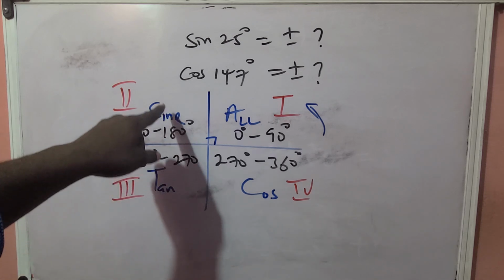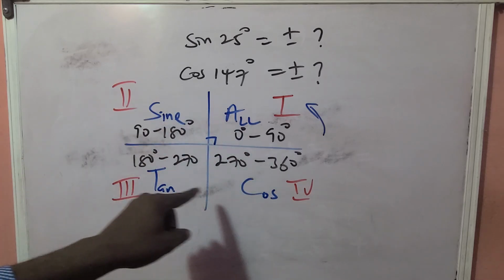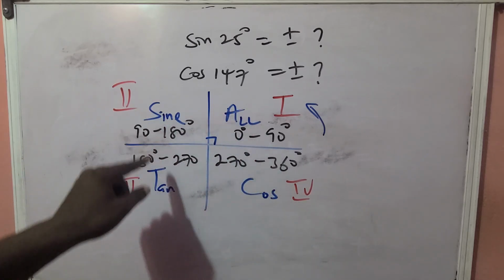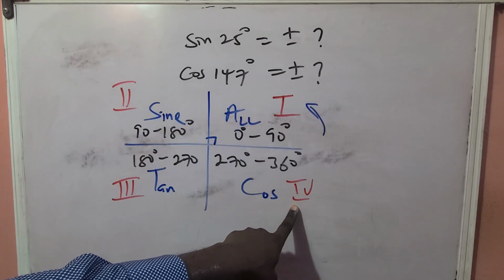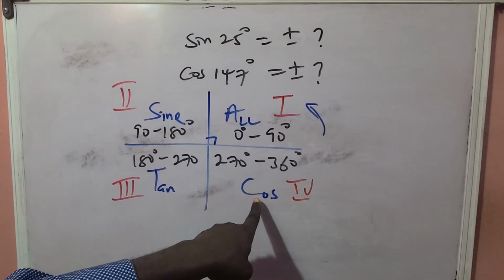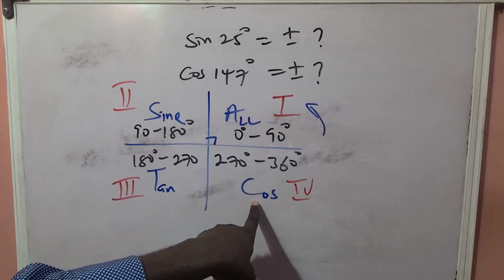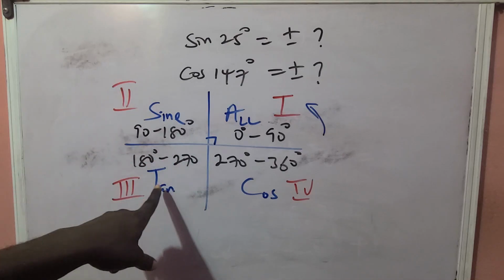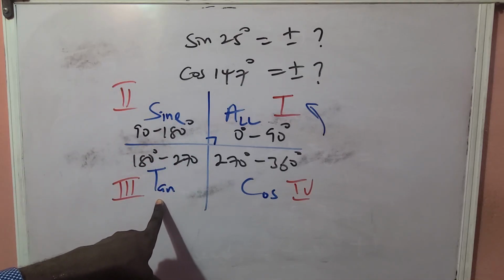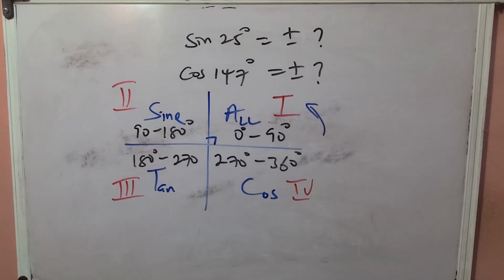That means the only positive you have here is the sine. So all you see here are the situations where you're going to have a positive sign. If your angle falls in quadrant 4, the cos of an angle will have a positive sign. Under quadrant 3, we have only the tangent being positive. And under quadrant 2, we have only the sine being positive.